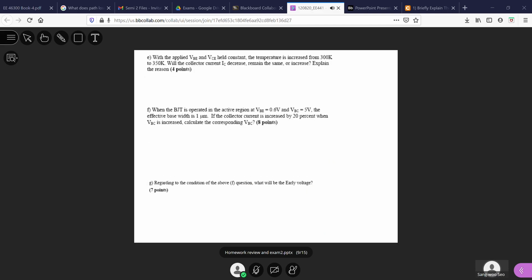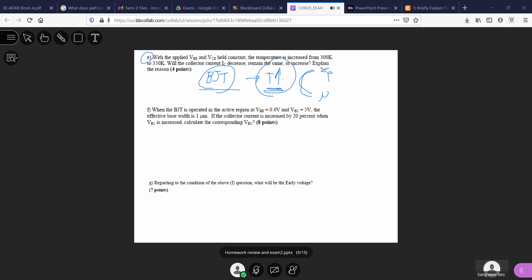Okay, and then the E question. This one is just looking at the general response of this BJT. When the temperature is going up, how does this temperature affect the transistor? In class, we discussed this temperature effect. In fact, it affects two parameters in different ways: one is carrier lifetime, and the other is mobility.